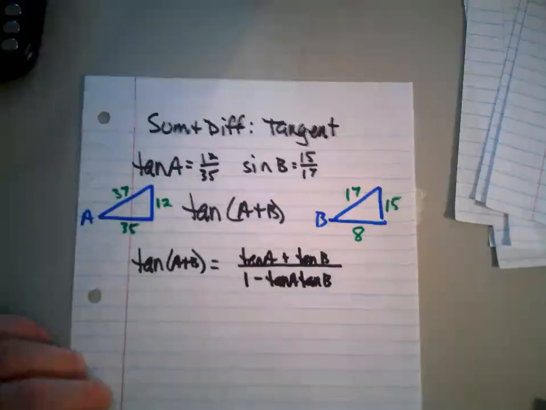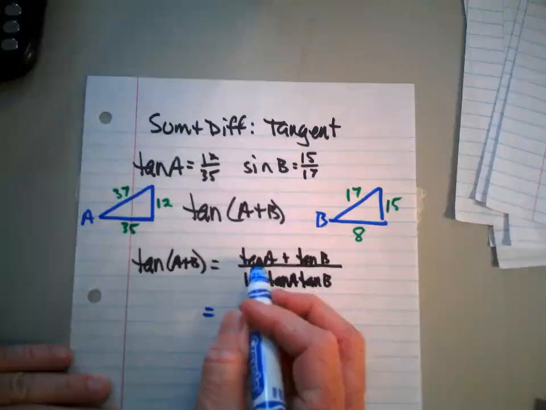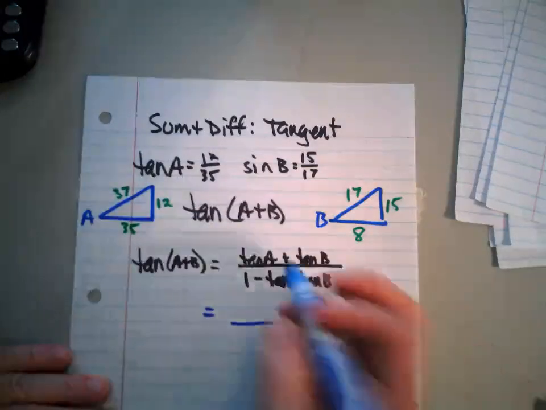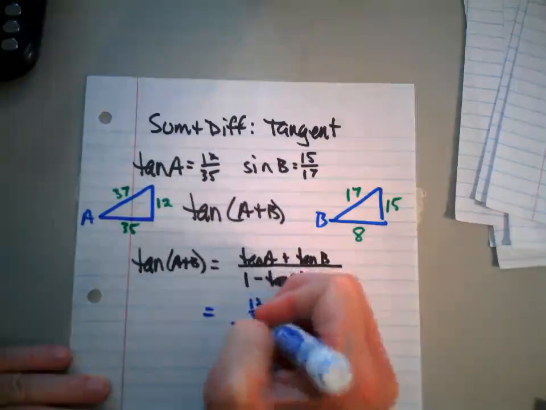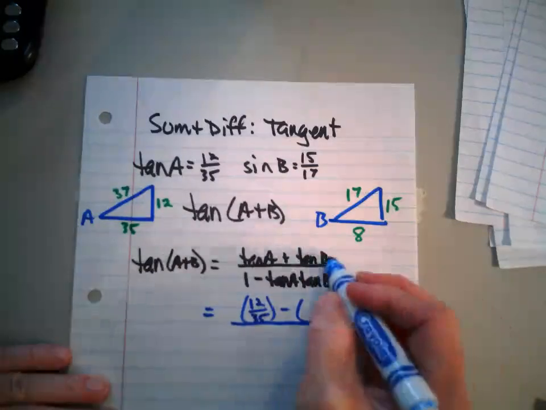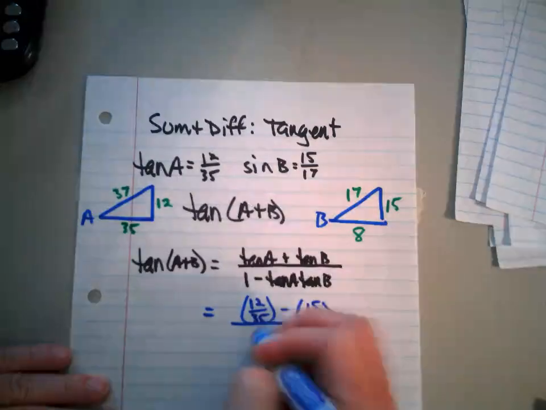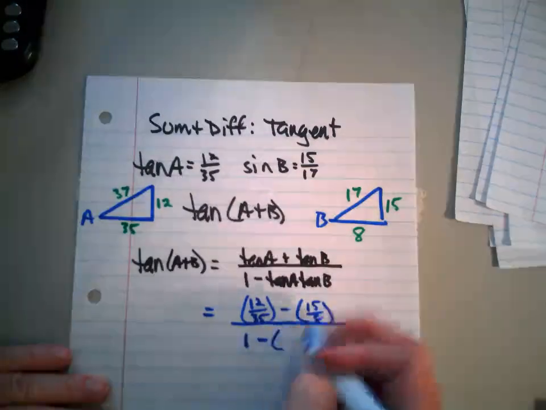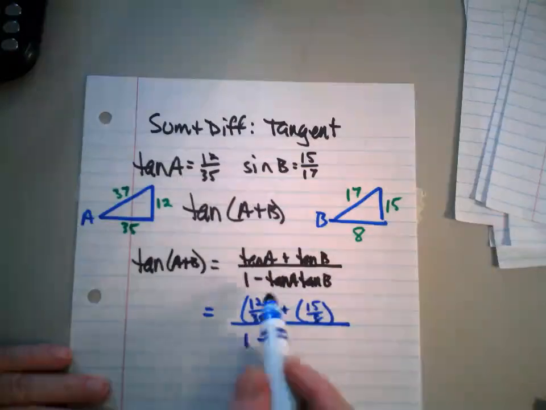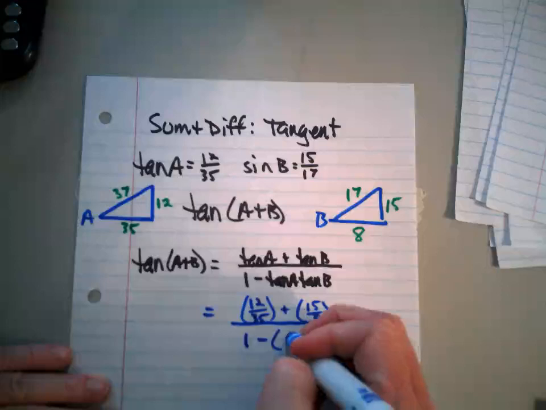All right, let's plug and chug. Tangent of A is 12 over 35. With the tangent of B, it's 15 over 8. 1 minus, same two fractions. That's a plus on the top. I just wrote down a minus sign here, I just fixed that to a plus.